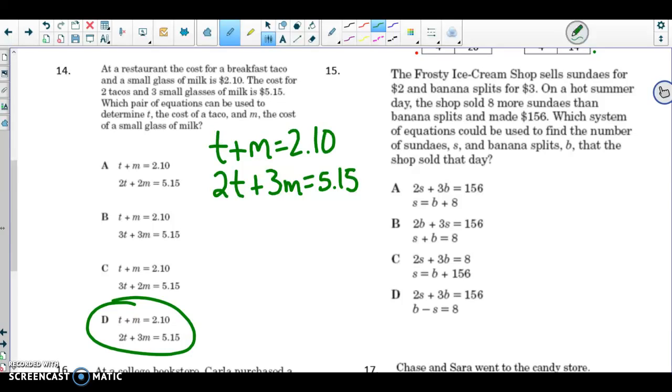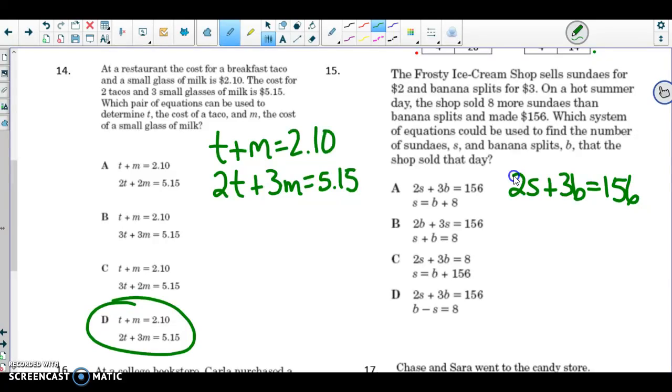All right, so to come up with $156, we've got to take 2 times the number of sundaes plus 3 times the banana splits to end up with that $156. So we know that one's going to be one of them, and that's on all 3 of them.